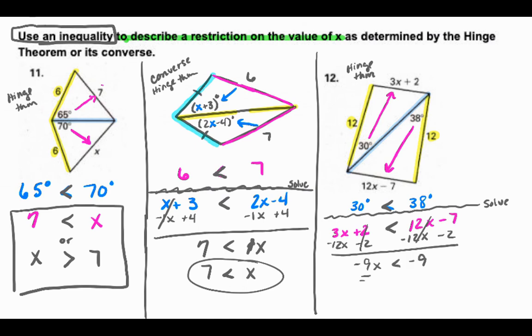And when I go to divide by -9, this is where I have to be careful because this is a negative number. It's going to impact what happens with this inequality symbol. Because I'm dividing by a negative number, the inequality symbol has to flip over, and we end up with x is greater than 1. So be careful when solving an inequality.